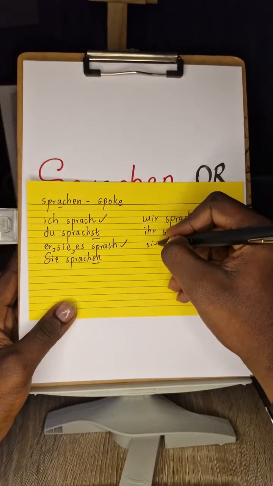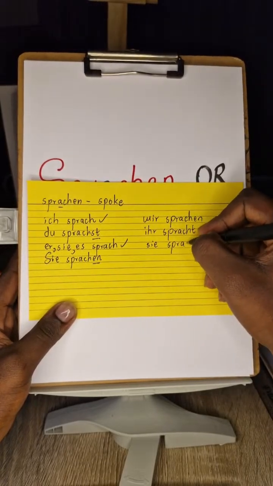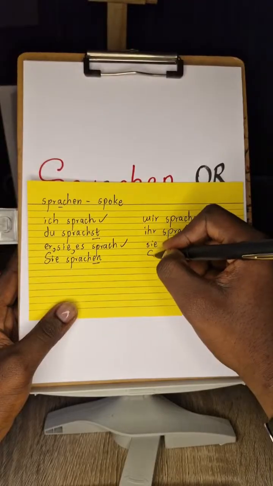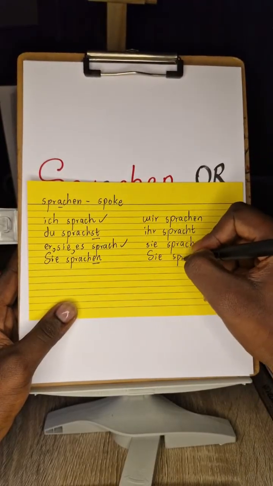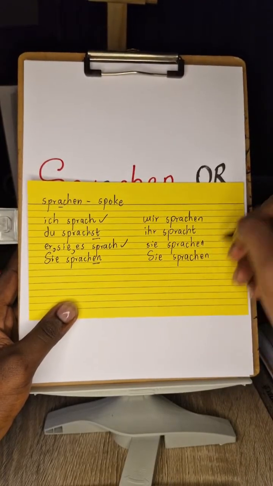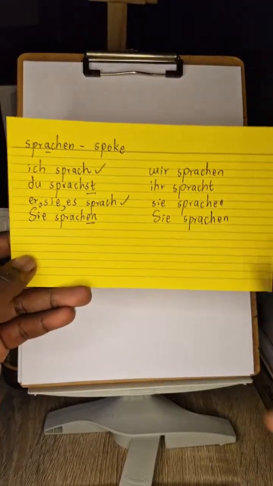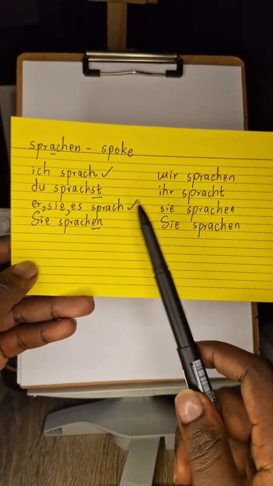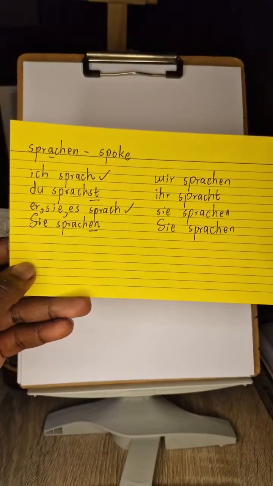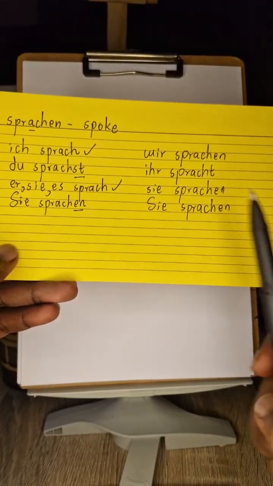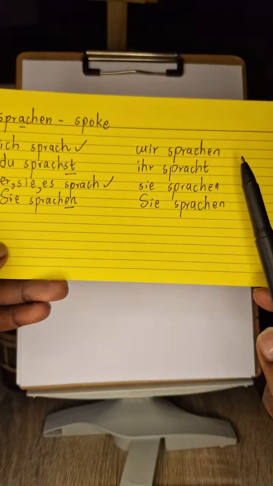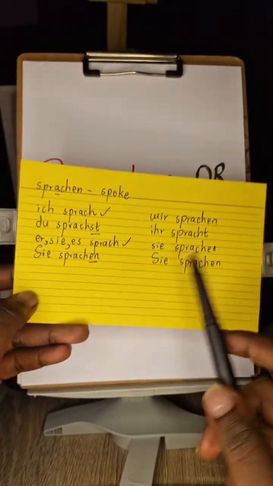And then sie sprachen. Lastly, Sie sprachen. Now, this is how I would conjugate it in the past. Remember, we began by saying it's an irregular verb, so it tends to take different vowels depending if it's present or past. Now, this is the past tense.